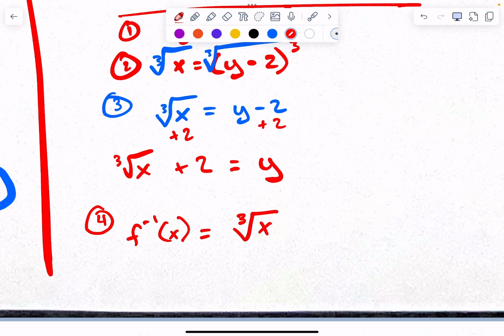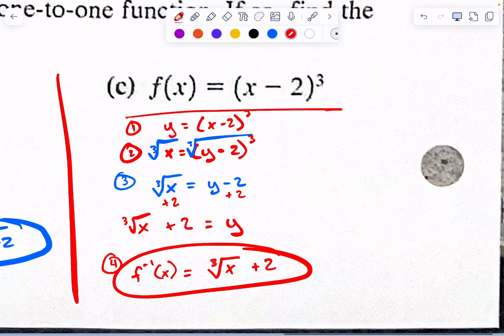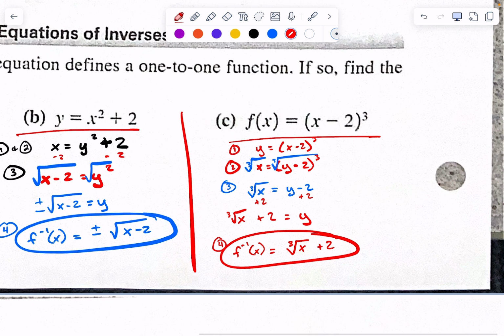I'm switching these around. Good. So the cubic root of x, that's the inverse of a cube. Not too bad, right? Okay. All right. Good? Happy with that?